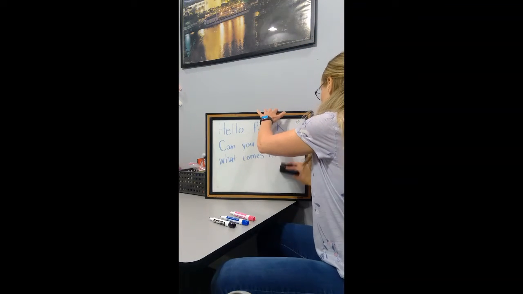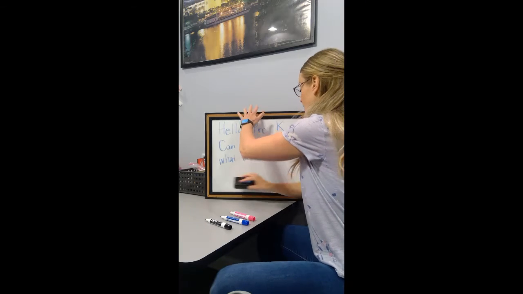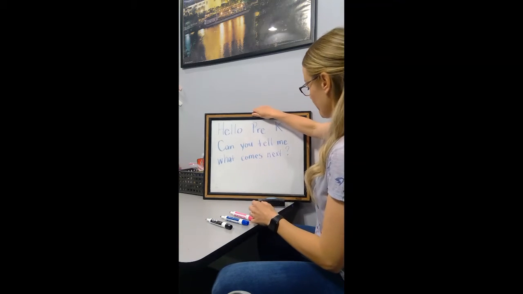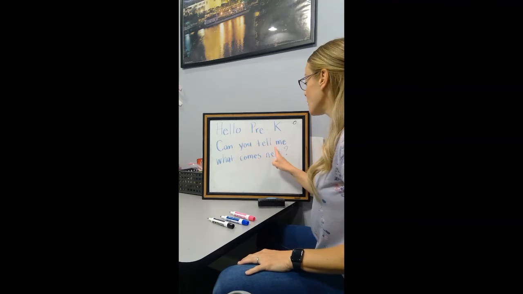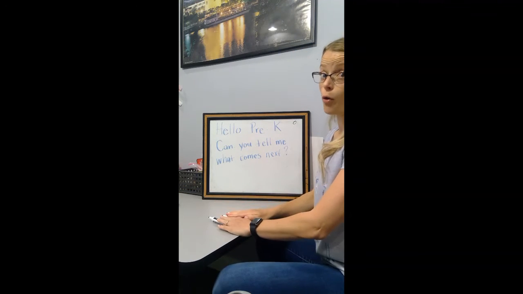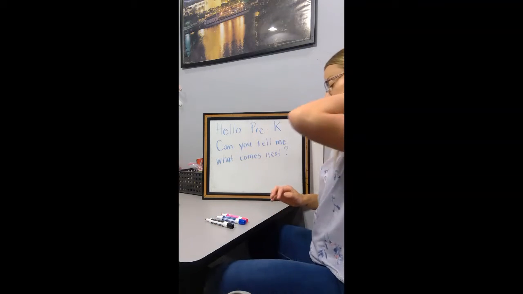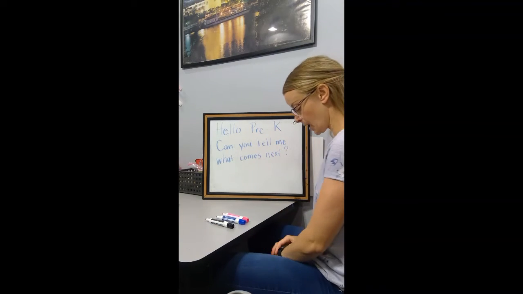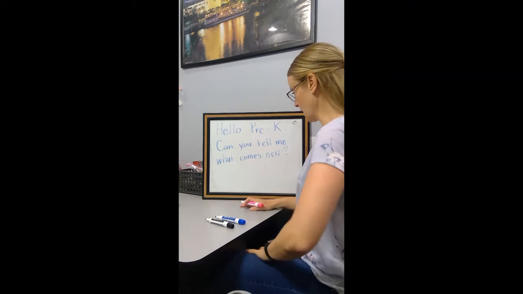Now I'm going to do a little bit more of a difficult pattern, and I still want to know, can you tell me what comes next? Okay, so I'm going to use all three of these markers because I'm going to make kind of a challenging pattern now. So I want to know what comes next.